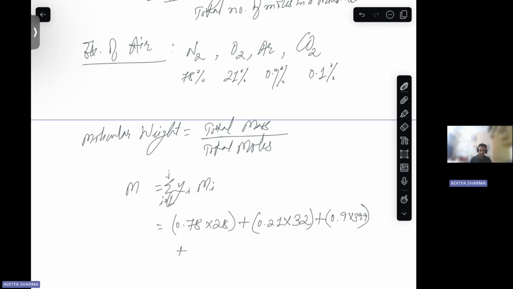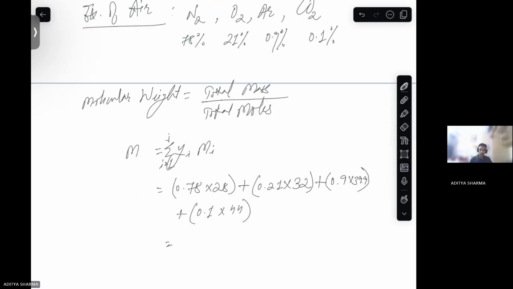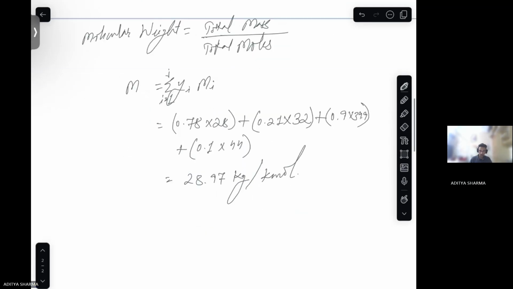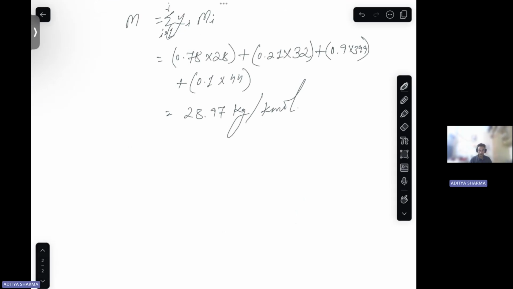And then 44 is the molecular weight of carbon dioxide. So if we work this out, this comes out to be this. So this is your molecular weight for air as a mixture.